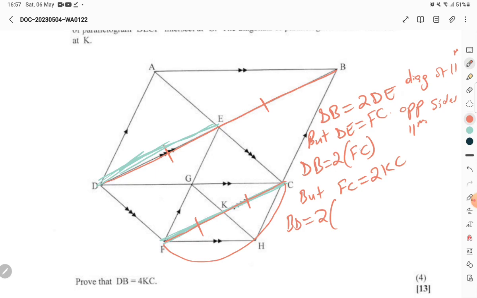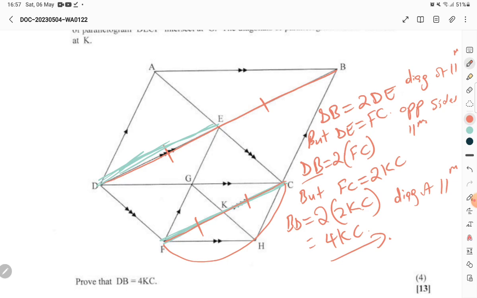In the place of FC we put KC, and we can repeat the same thing: these are diagonals of a parallelogram, and they bisect each other. So we simplify: 2 times 2 is 4, then it's 4KC. So we did prove that.